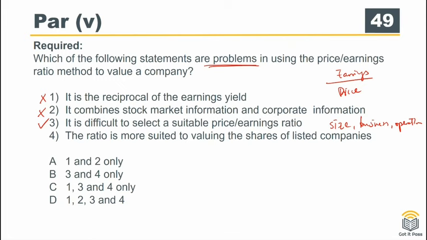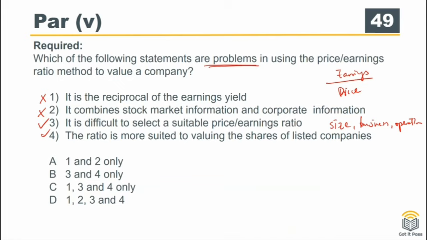The fourth one is the ratio is more suited to valuing the shares of listed companies. Yes, it's true because PE ratio is concerned about the earnings. With a listed company, a lot of listed companies show the earnings to the investors. So it's more suited to valuing the shares of a listed company.